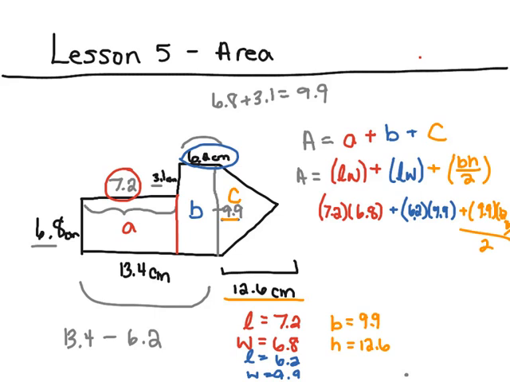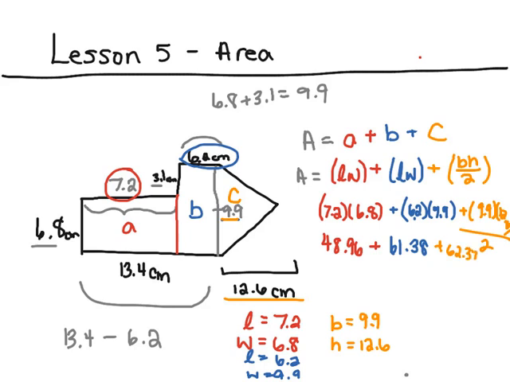So now we're going to just do each individual shape. So our first shape, we have 7.2 times 6.8. The area for A is 48.96. Then we do 6.2 times 9.9, and the area for B is 61.38. Now we do for C, so we would type 9.9 times 12.6 equals, divide it by 2, and we get 62.37.